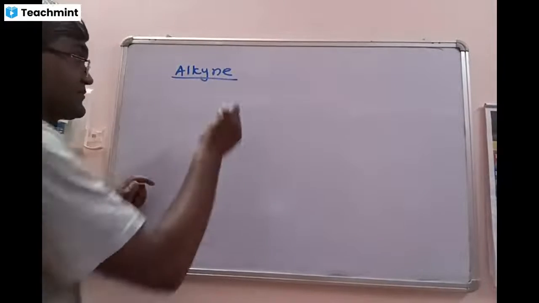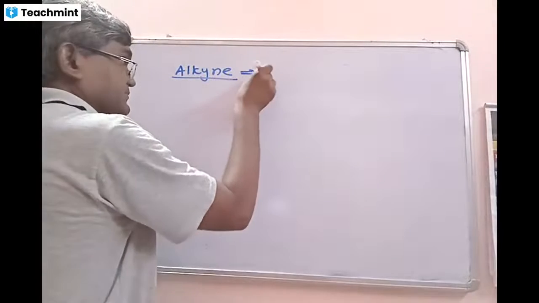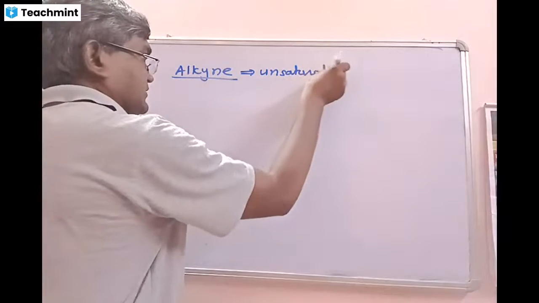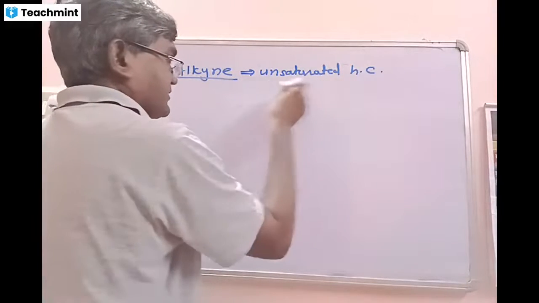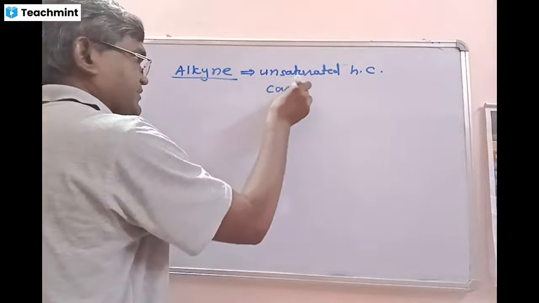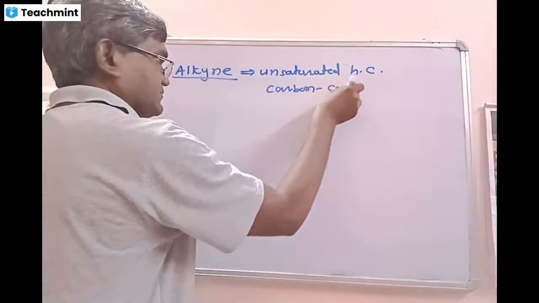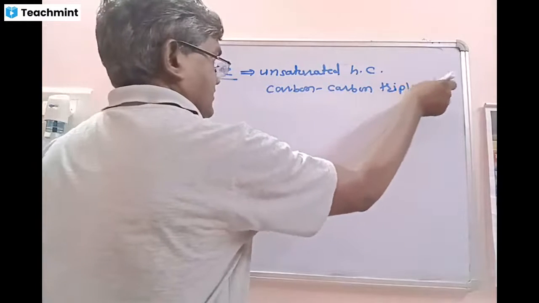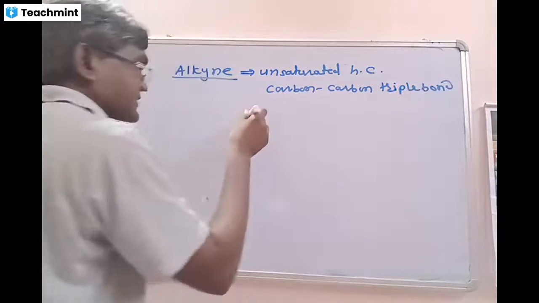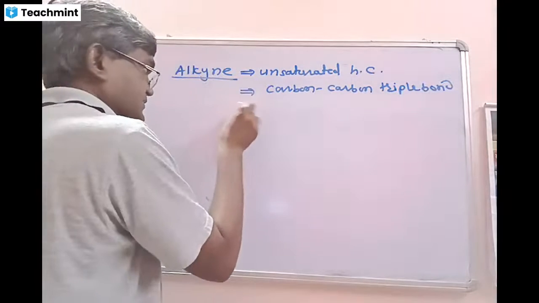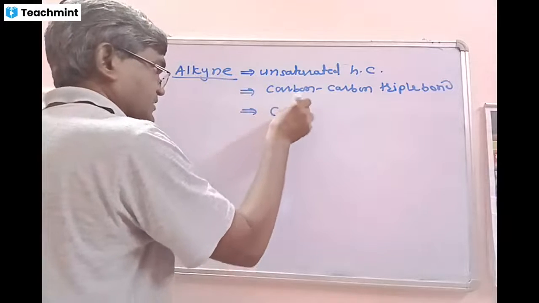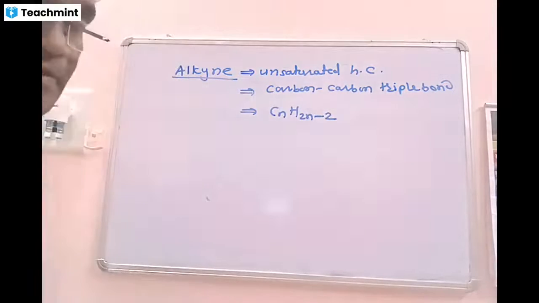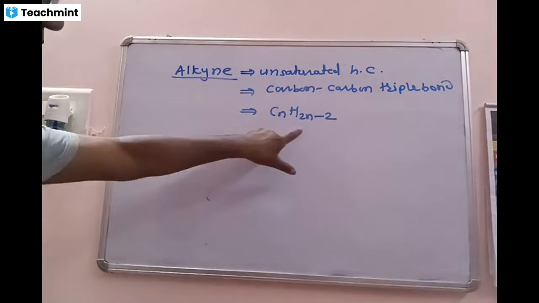Now this is again an unsaturated hydrocarbon characterized by a carbon-carbon triple bond, and still it contains a lesser number of hydrogen atoms than alkene. As compared to alkene, again you are making 2 hydrogen less.